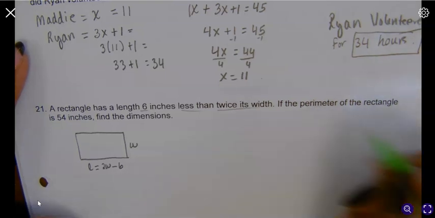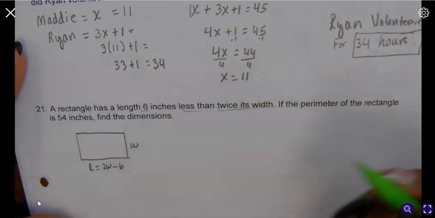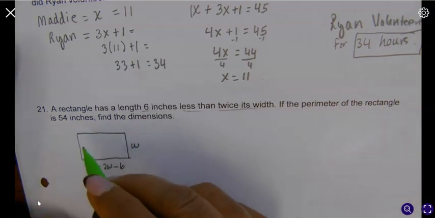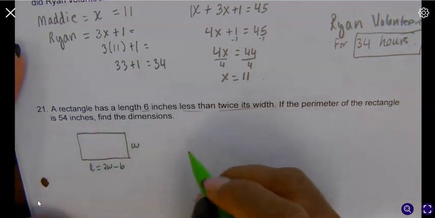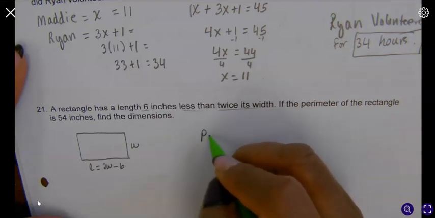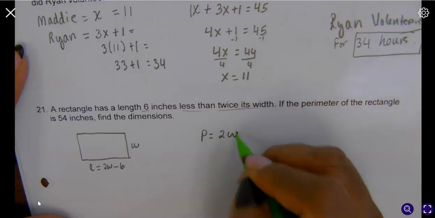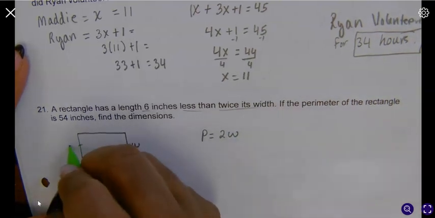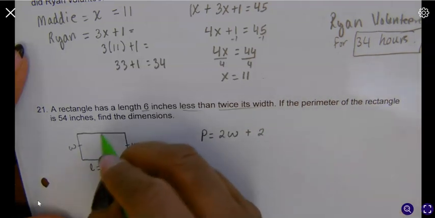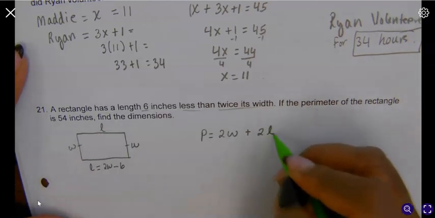It says that the perimeter of the rectangle is 54. So the perimeter is when you add up all of the sides together. So we have a nice formula for that. So that's perimeter is equal to 2 times your width, because you have 2 widths here, right? Plus 2 times your length, because you have two lengths here.